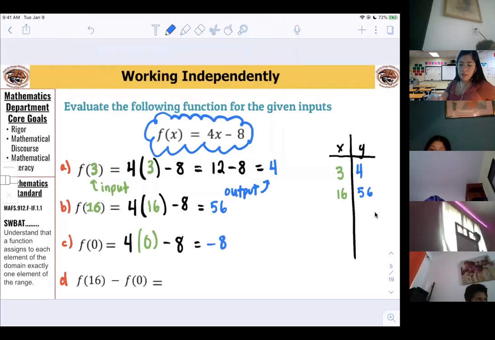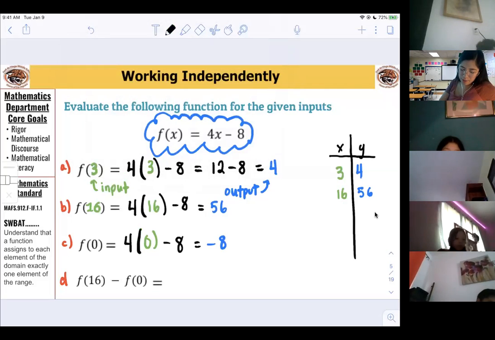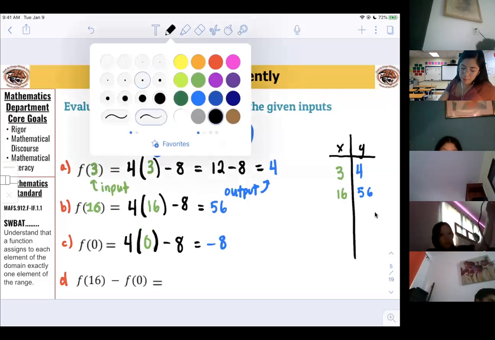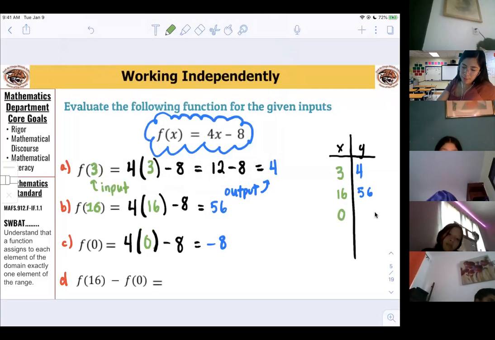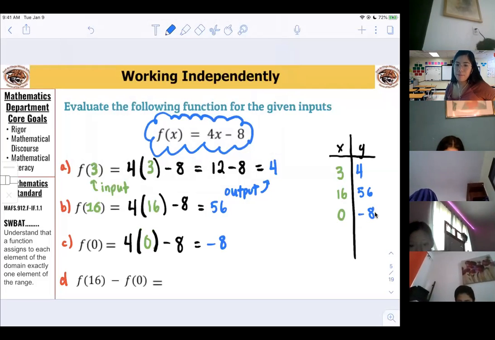Because 4 times 0 is just 0, and then 0 minus 8 gives me negative 8. So my input was 0, and my output was negative 8. Any questions so far on evaluating functions? On just plugging in?